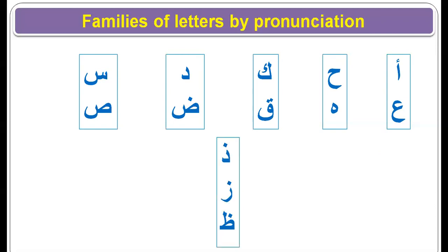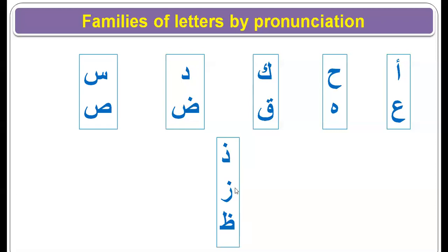Next set of letters is Zal, Za, and Dha. Zal and Za, they are light letters. Dha is a heavy letter. And since they have the same makhraj or articulation point, sometimes we confuse them, so we pronounce ذال as za or as dha, or za as dha.